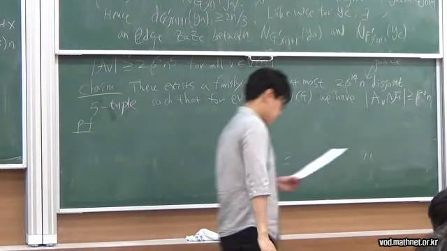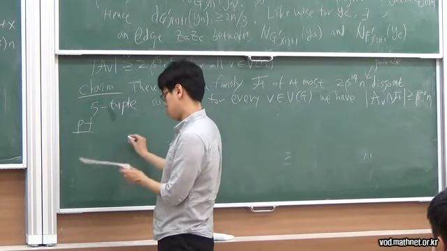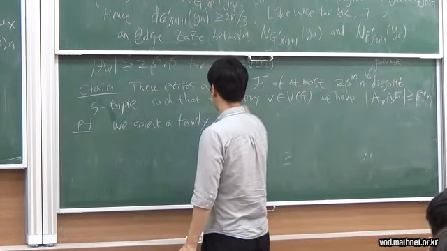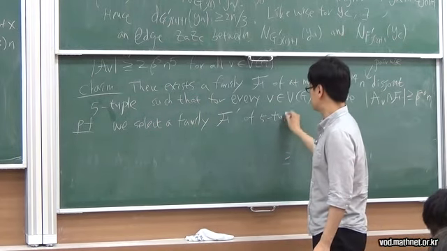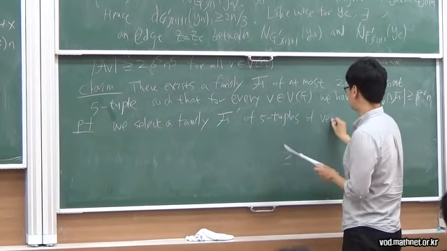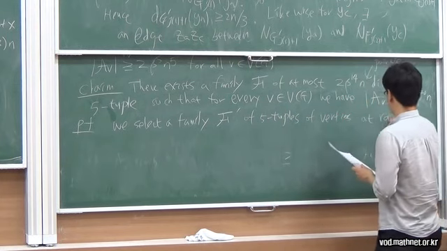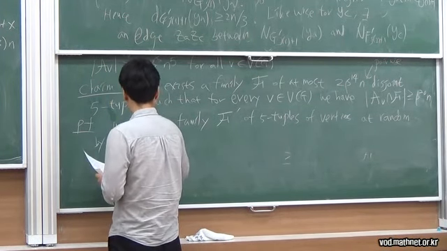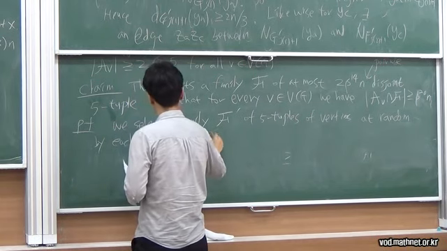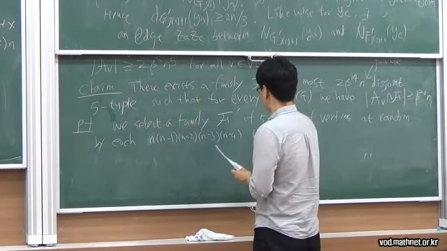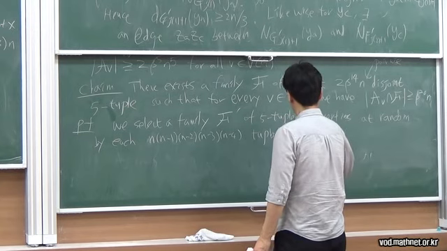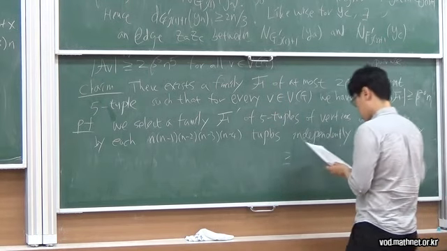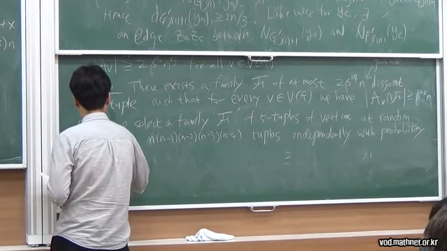So how do we do it? We first select a family, say F prime, of 5 tuples of vertices at random, by each n, n minus 1, n minus 2, n minus 3, n minus 4, 5 tuple independently with probability exactly beta to the 14 times n to the negative 4.